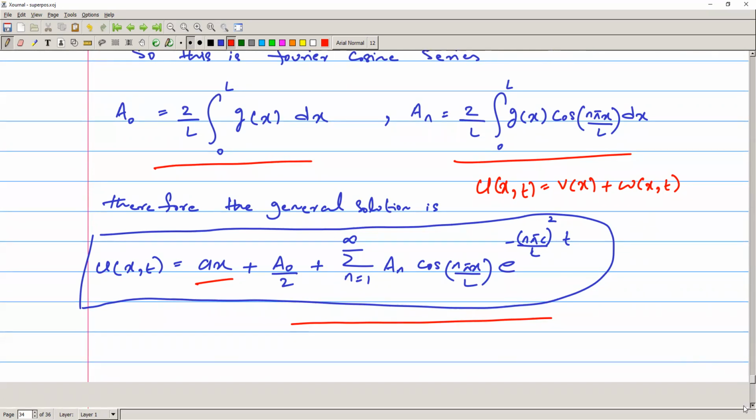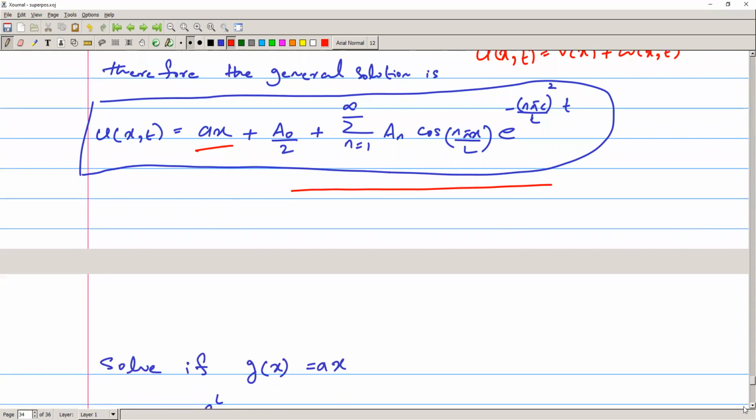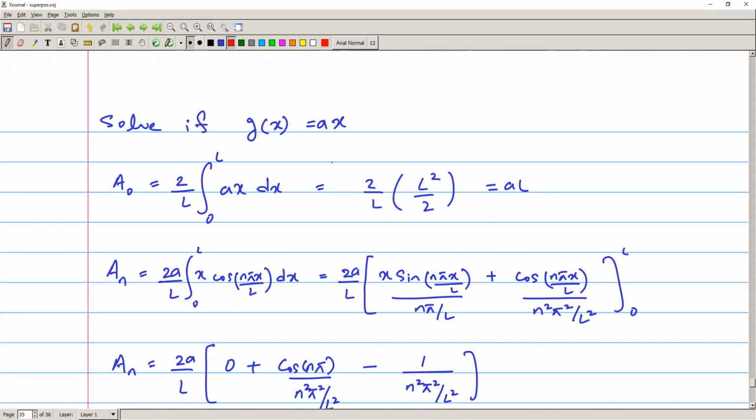So now we can take some initial condition and we can generate a solution, and let's say that g of x is equal to Ax is the initial condition. Remember, g of x is equal to f of x minus Ax, right? So we are saying that g of x is equal to Ax.